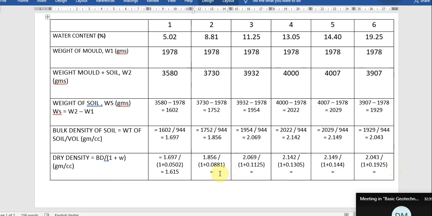What is the dry density for the second trial? 1.706. Third trial, 1.8597.